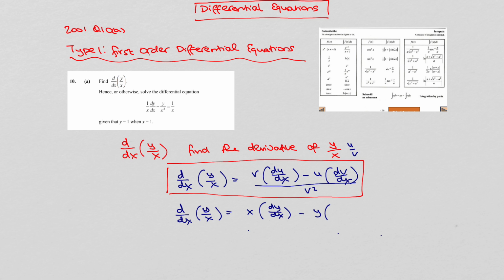If I differentiate x, I get 1, over v squared, which is going to be over x squared. And if I simplify that, x goes into x squared once, so that would be 1 over x dy/dx minus y over x squared.